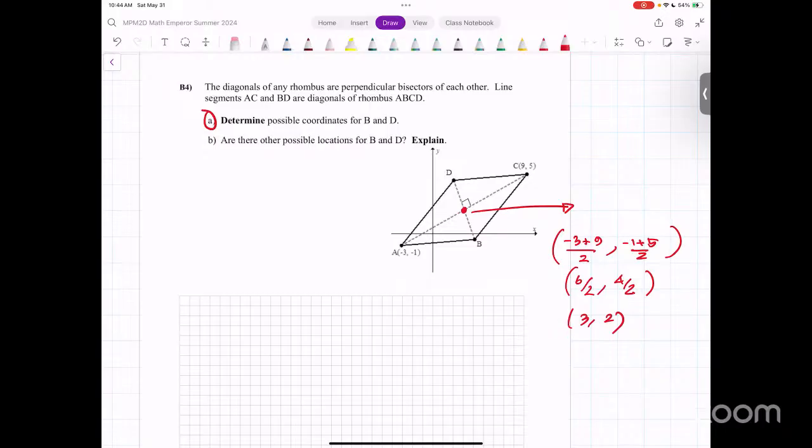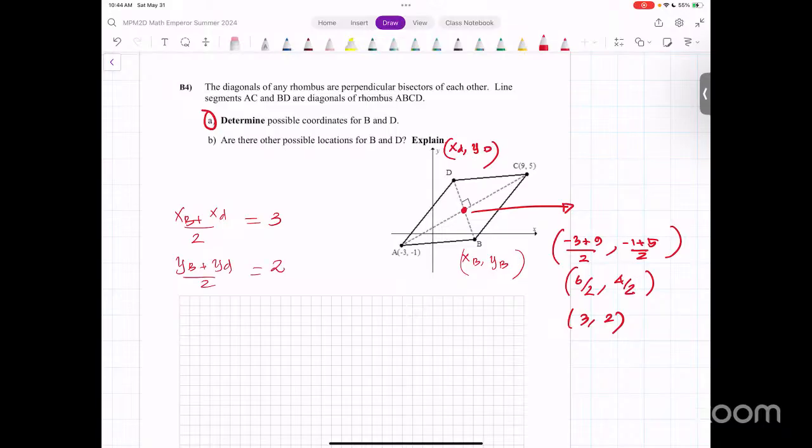Now, we want to think about the coordinates for D, (XD, YD), and for B, (XB, YB), such that if I add XB plus XD divided by 2, I should get 3, and YB plus YD divided by 2, I should get 2.